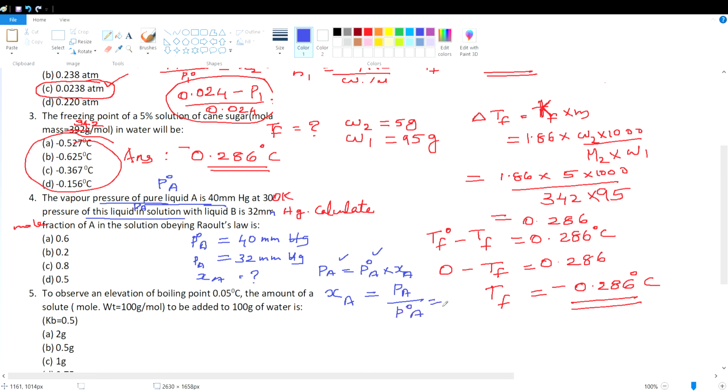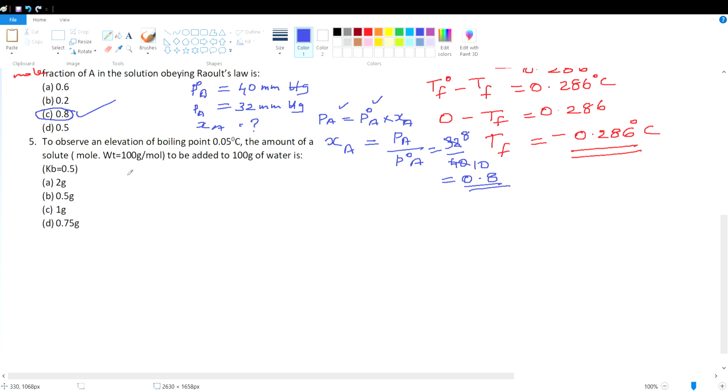Substitute PA as 32, so 32 divided by 40. If you divide by 4, you will get 8 over 10, that is 0.8. This is the correct answer, option C. 0.8 is the mole fraction of A in the solution.